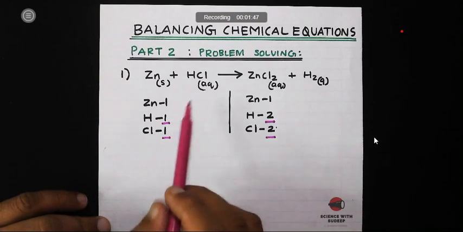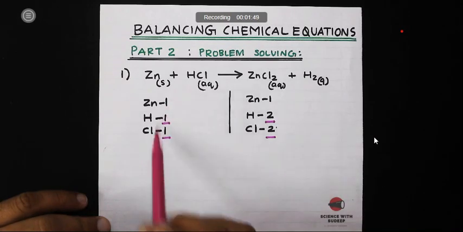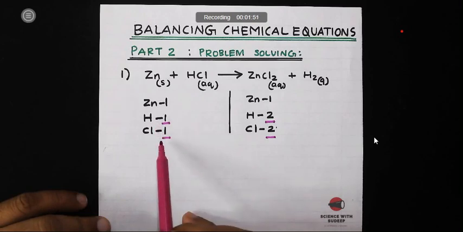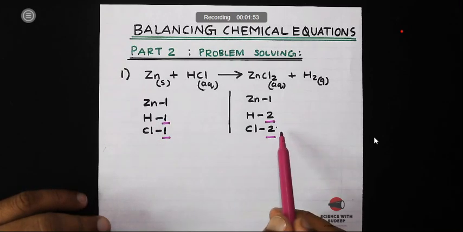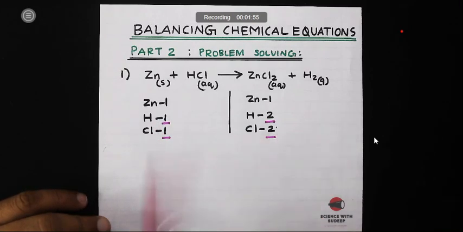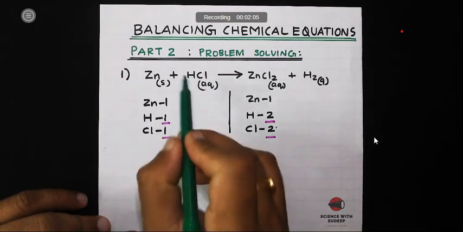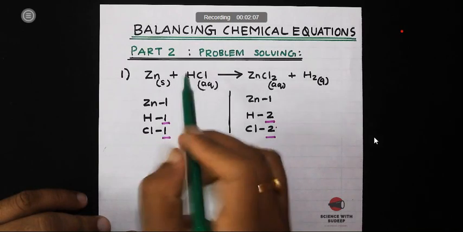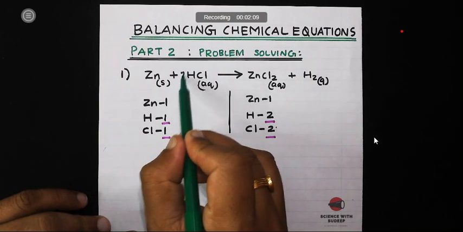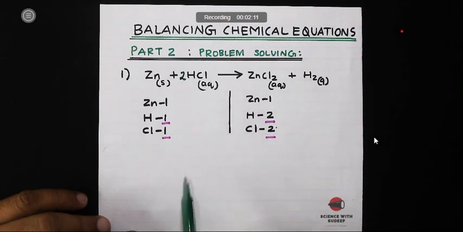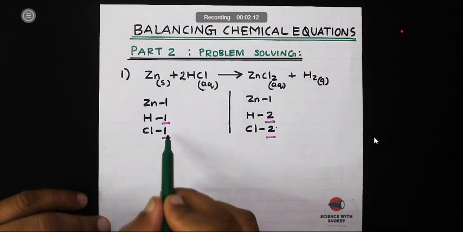So we have to come to the left hand side, where the number of hydrogen and chlorine are less than on the right hand side. So we need to think how to increase the number of hydrogens here. The only way you can do that is to put a coefficient here. Let's check what happens to the number of hydrogen and chlorine if you put a coefficient 2 here.